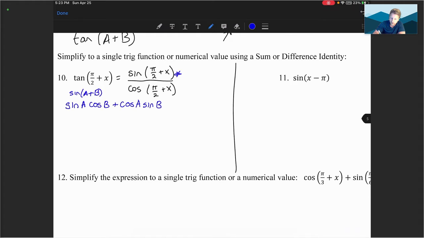And then we'll want to divide by the sum of cosine function, or cosine angles.